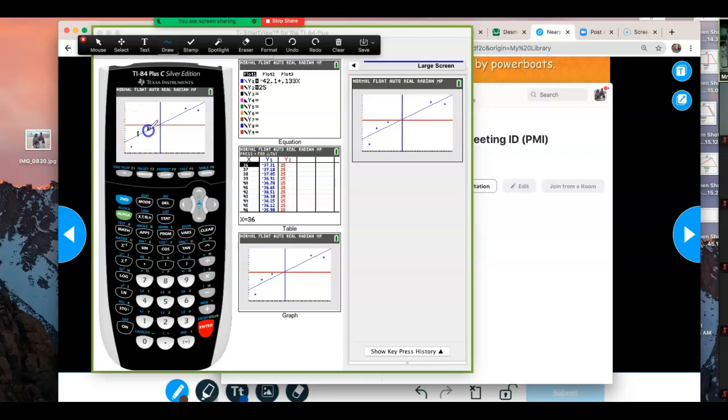Okay, this distance right here is called a residual. The distance the points are from the predicted line. And the predicted line is y hat. This is y bar. There's a difference. Y bar is the average, and y bar was 25.